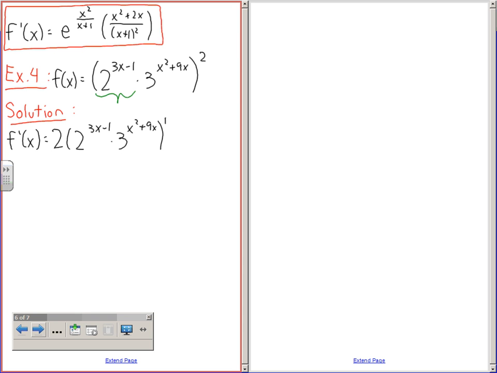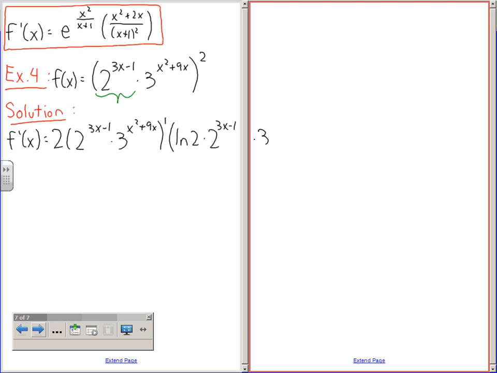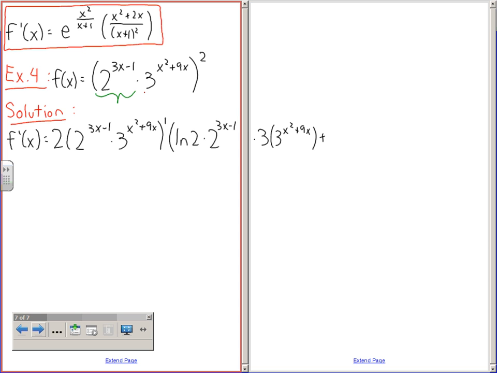Dakota, what's the derivative of 2 to the power of 3x minus 1? Good. ln 2 times 2^(3x-1) times 3. Then you also have to times that by 3^(x^2+9x). Since the product we're going to be adding, I'm going to be doing this one right now.